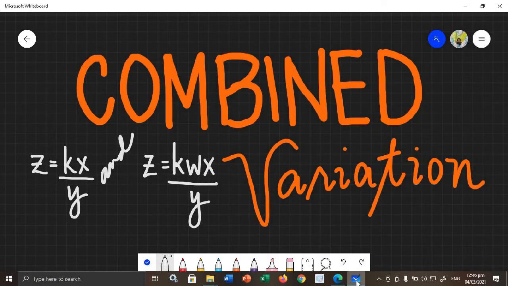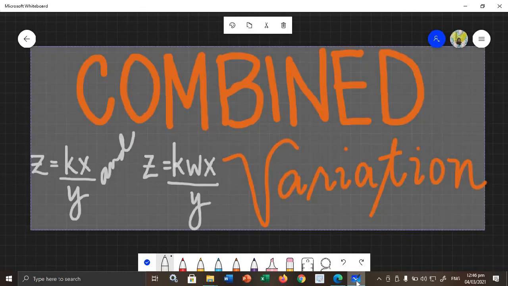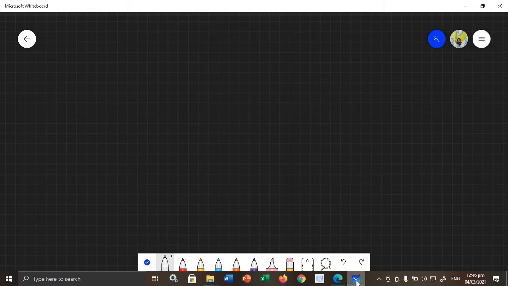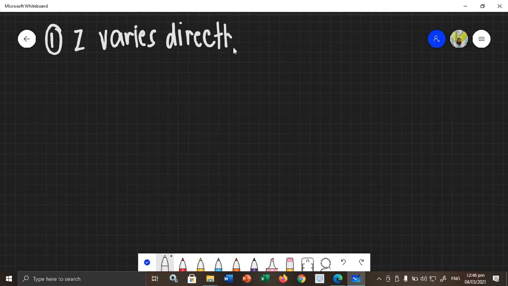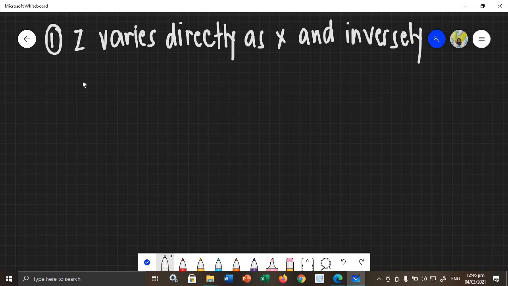How about if we solve a problem regarding combined variation? Let's say we have problem number 1: z varies directly as x and inversely as y.